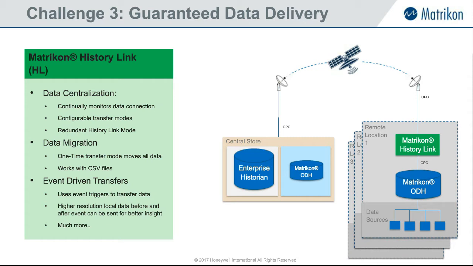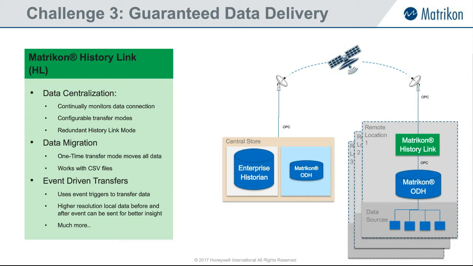Since you have the local data saved continually at a higher rate, HistoryLink can grab data from X amount of time before the trip, as it was monitoring for that type of event, and after, and transfer the high-speed data just for that range, and then return to transferring data at a lower rate.